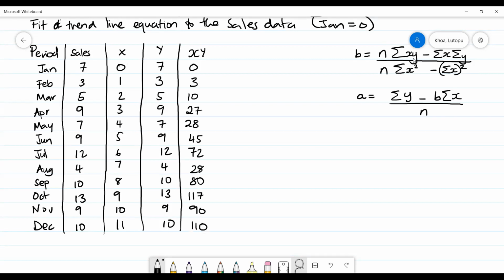Okay, so I also need the squares of my x values. So x squared. So I square all these values.